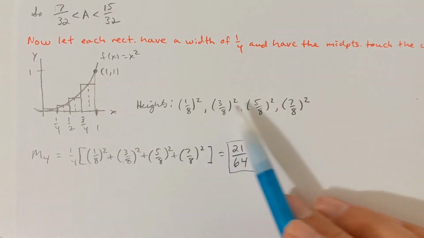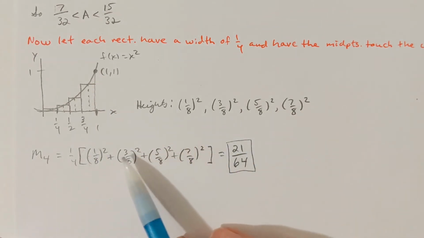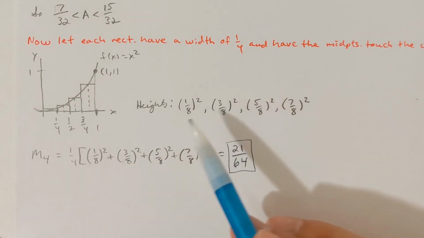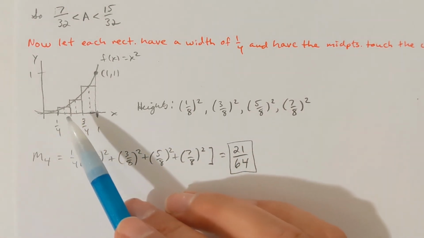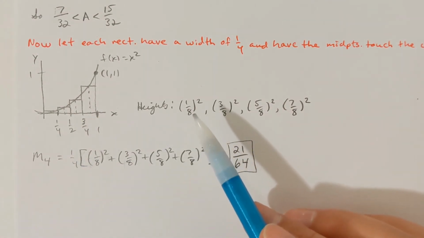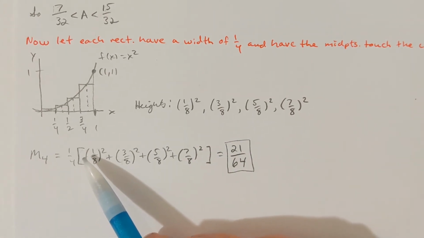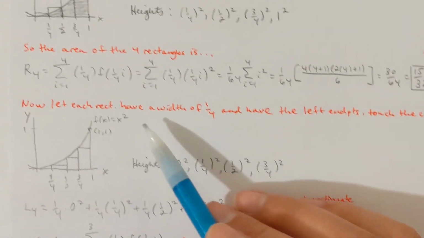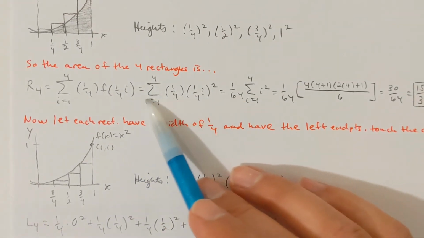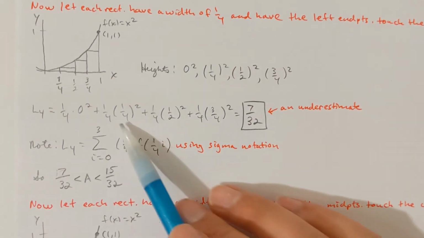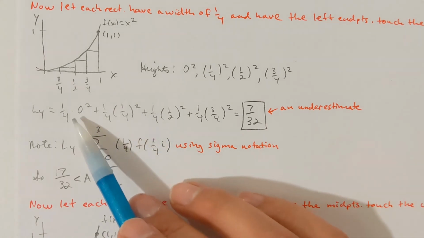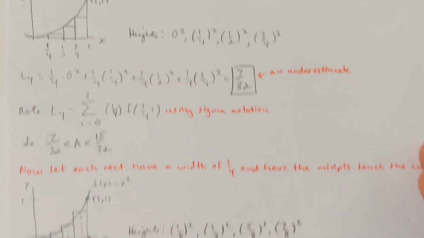Okay, and I can square those individually to get the heights. Since the width would be the same in each one of these, in computing the area, I've factored out 1/4 from the whole thing. I guess just like I did over here, factor out 1/4, you factor out a 1/4 on this part if you want.